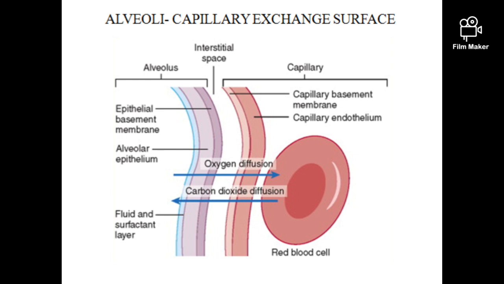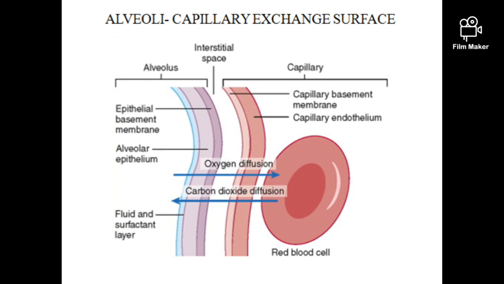So the capillary is going to conduct blood, and the blood is made up of formed elements, of which RBC is carrying oxygen. If we look into the mechanism, I repeatedly say it is by diffusion, and to define diffusion, it is nothing but movement of materials across a region driven by the concentration gradient. It is from higher concentration to lower concentration.